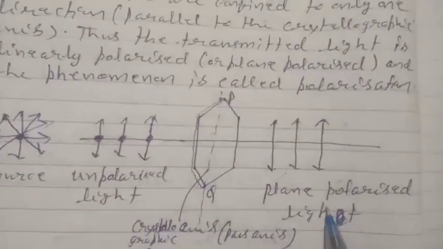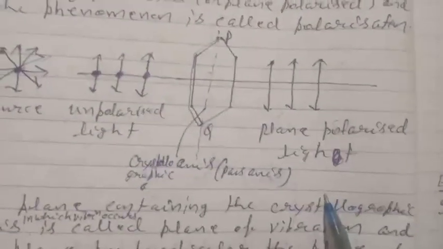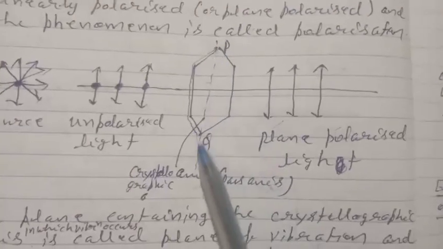So this type of light is plane polarized light. And this is the crystallographic axis, also called the pass axis.